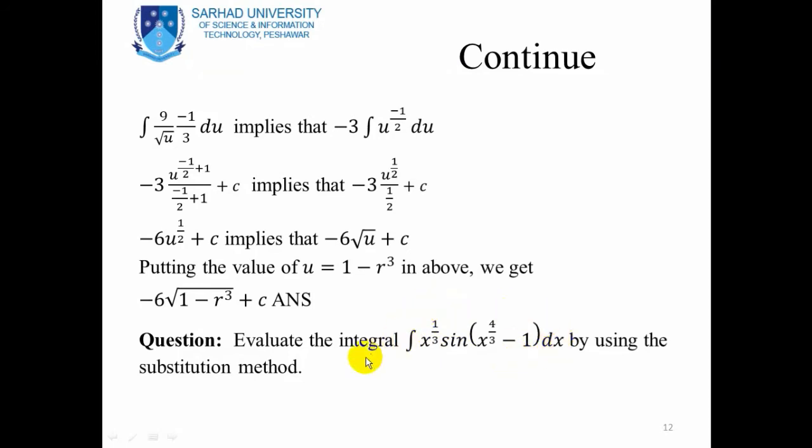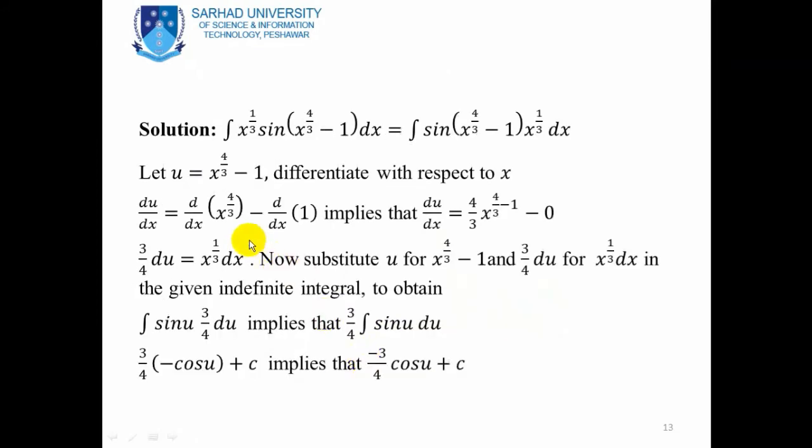So you see over here, we suppose x power 4 by 3 minus 1 is equal to u. Now taking the derivative to convert this dx operator into du, the other parts of the function which are already in the domain x should be converted to terms of u. So that's why we differentiate this portion.